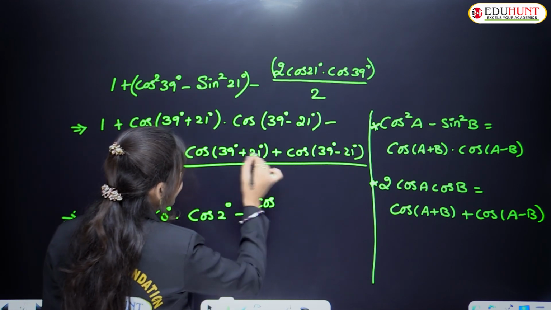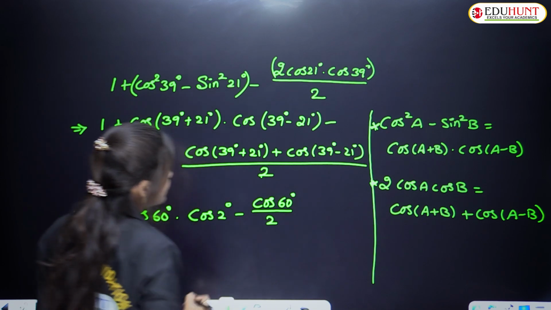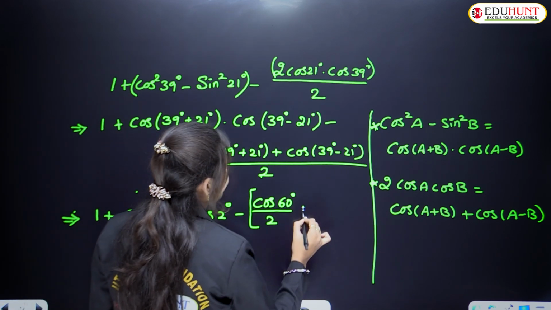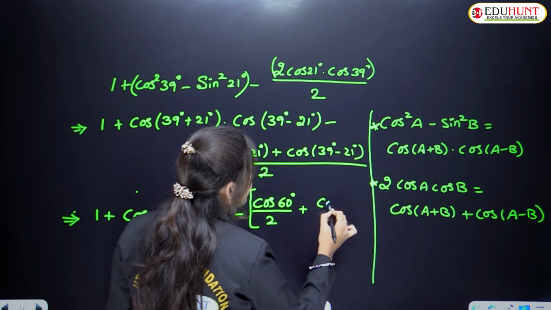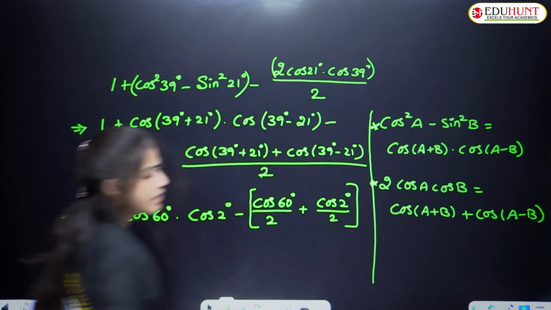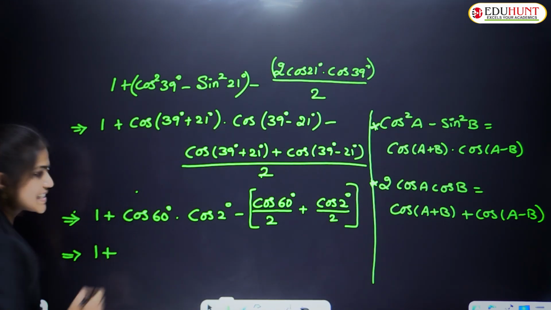So cos of 39 plus 21 is cos 60 degrees by 2. Here I am separating that, see, plus cos of 39 degrees minus 21 degrees, which is cos 18 degrees, whole by 2. Am I clear? So what is the value of cos 60 degrees?